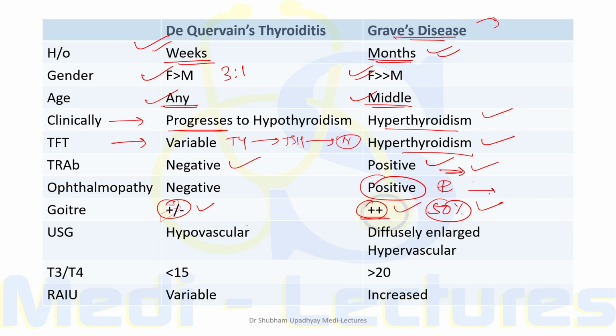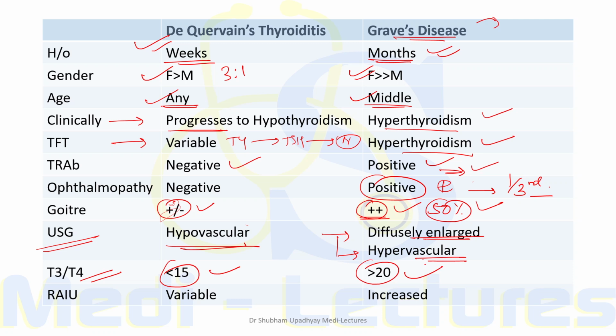About one third of patients with Graves' disease will have thyroid ophthalmopathy. On ultrasonography in the thyrotoxic stage, the gland will be hypovascular, while in Graves' disease there will be a diffusely enlarged thyroid gland with hypervascularity. The T3 to T4 ratio we have discussed in detail. It is less than 15:1 in thyroiditis, while more than 20:1 in Graves' disease.